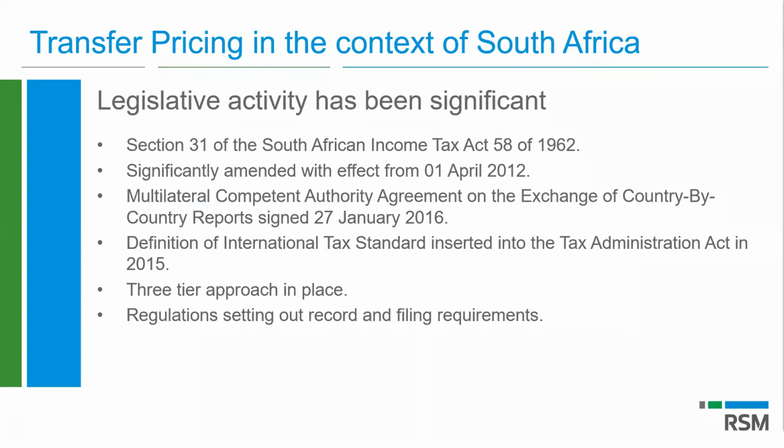We take into account whether or not we have obligations to present and prepare transfer pricing master files and transfer pricing local files. So when you hear about the three-tier approach, that is what is being referred to: CBC reporting or country-by-country reporting, master files, and local files. And then lastly, we have the regulations. There are 2 of those that were issued, and those set out the record and filing requirements from a South African perspective.